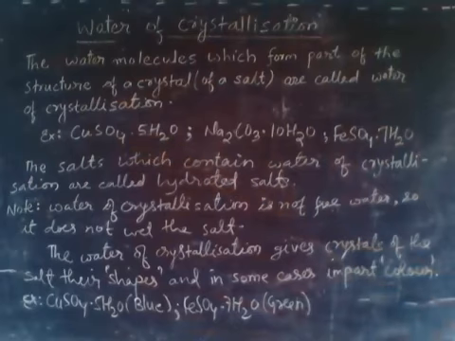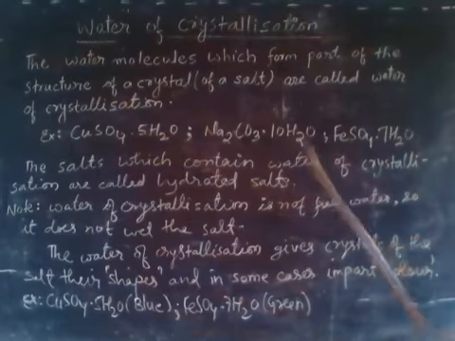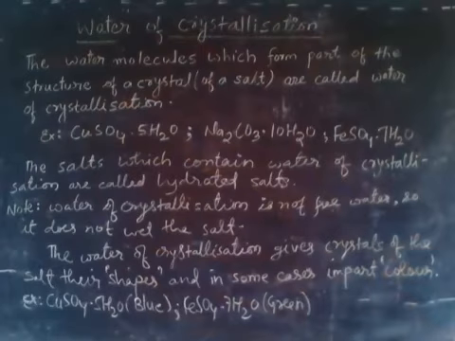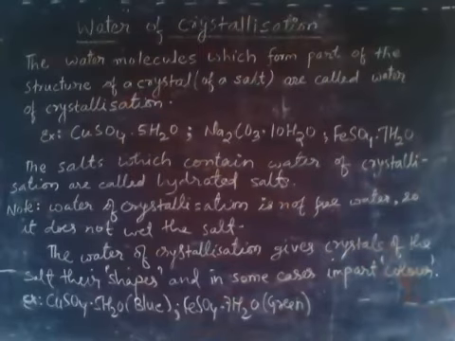Copper sulfate crystals are blue in color because this water of crystallization is giving a blue color to the copper sulfate. But when you heat this crystal, it will lose water molecules. It becomes simple CuSO4. You will find the color is lost. There is no blue color. Similarly, ferrous sulfate FeSO4·7H2O.